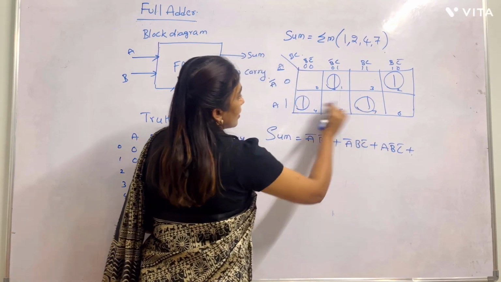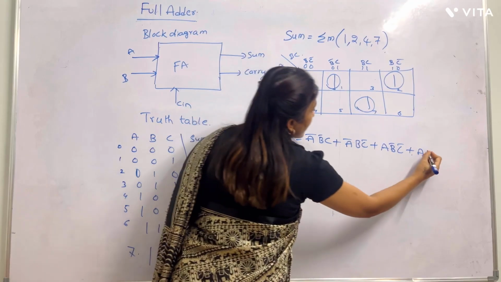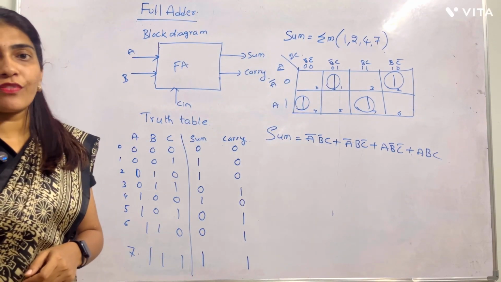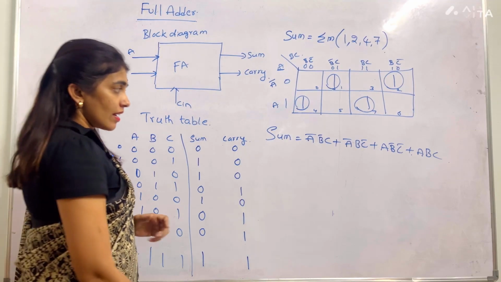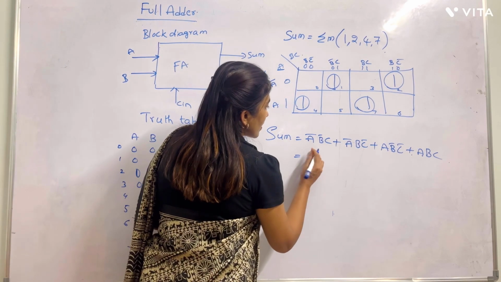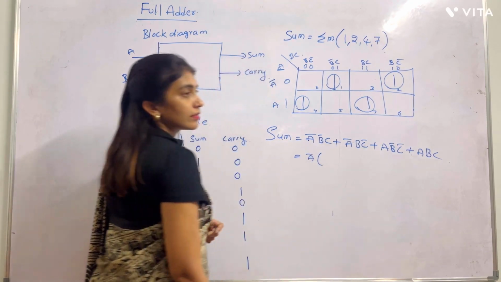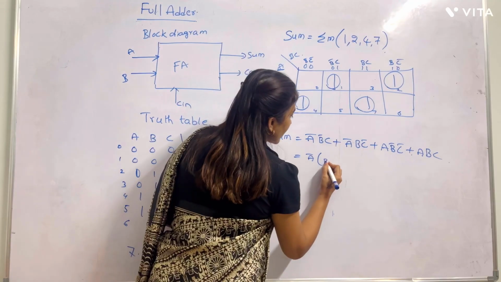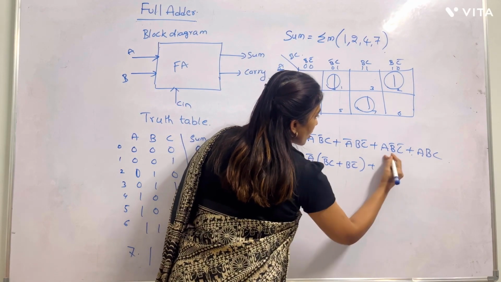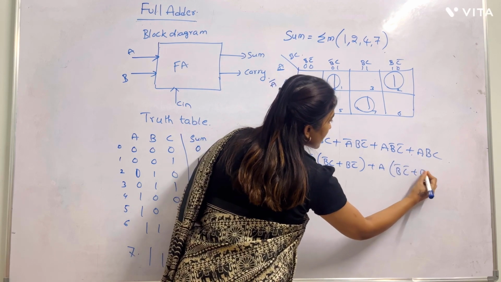Next, this min term, row wise A, column wise BC. So this is the equation for sum. Is there any simplification? Yes. From the first two terms, A bar is common, and the remaining terms are B bar C plus B C bar. From the next two terms, A is common, then B bar C bar plus BC.